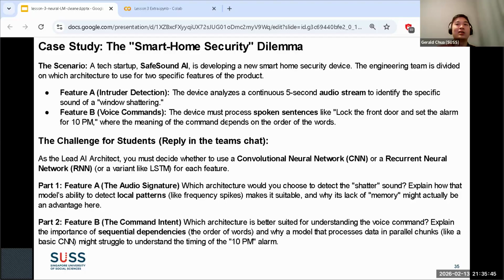But I think the key idea is that when you are doing any form of this audio detection, just think of these two ways that you can use it, the convolutional neural network and the recurrent neural network. So what you can do is gather the data, the NLP pipeline, right? Gather the data.